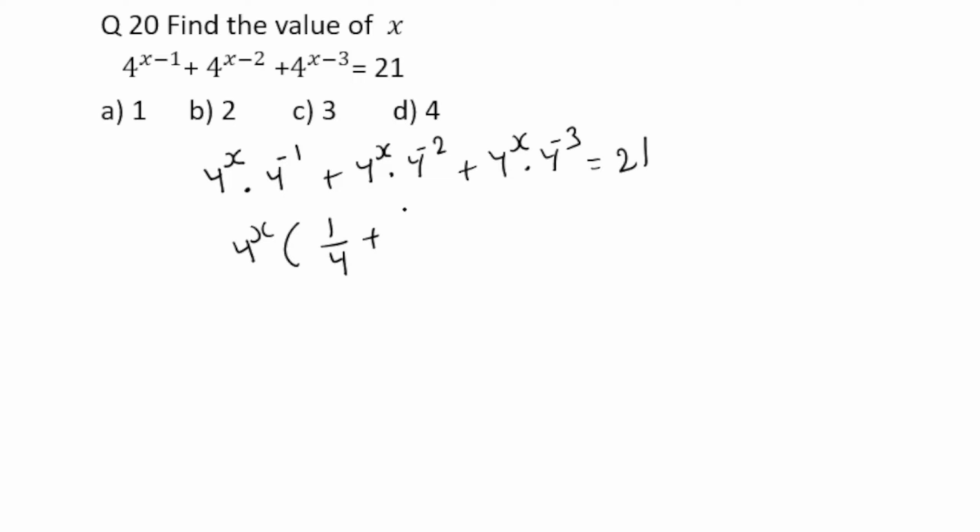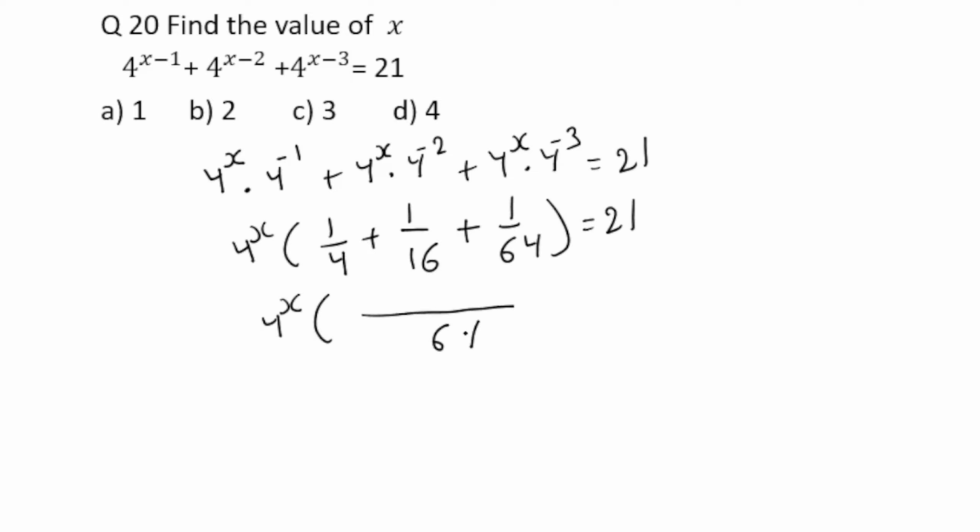Similarly, 4 to the power minus 2 is 1 over 4 square. 4 square means 16, plus 1 over 4 cube means 64, equals 21. 4 to the power x, the LCM is 64, and 64 divided by 4, 16, plus 64 divided by 16, 4, plus 1 equals 21. 4 to the power x, 16 plus 4, 20, 20 plus 1, 21. 21 over 64 equals 21.